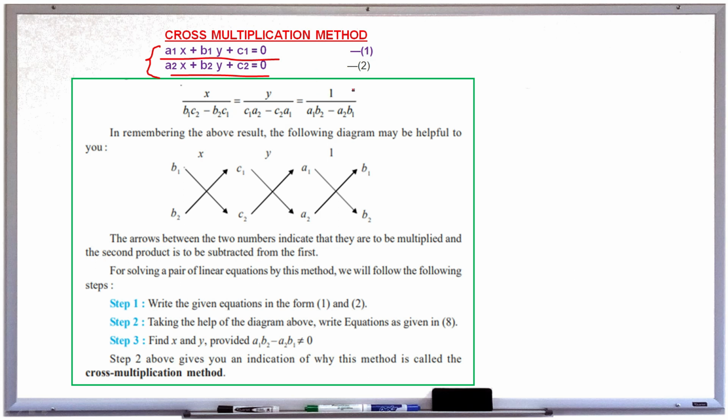The formula for the cross multiplication method, we can write x by b1 c2 minus b2 c1.